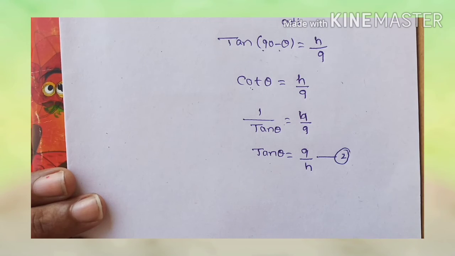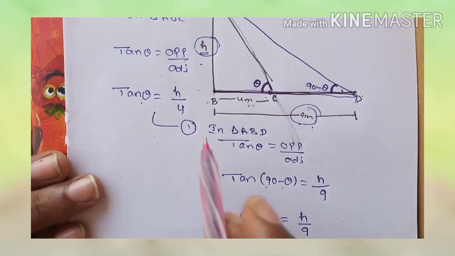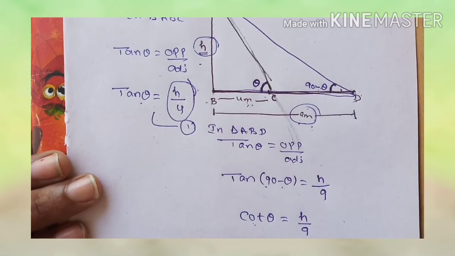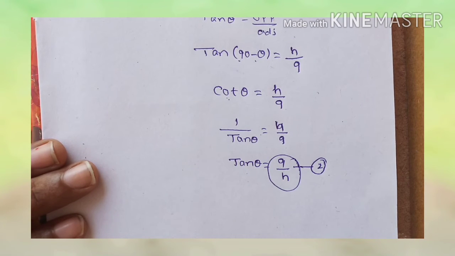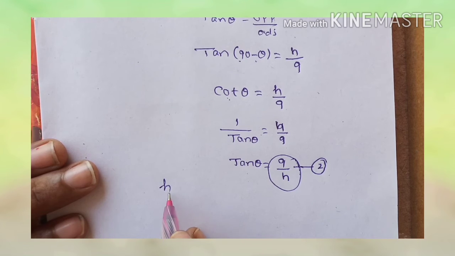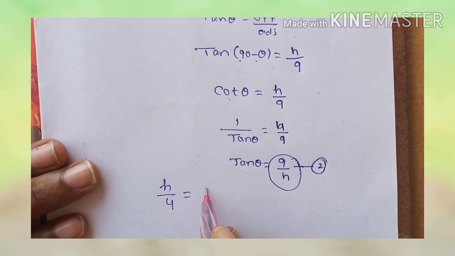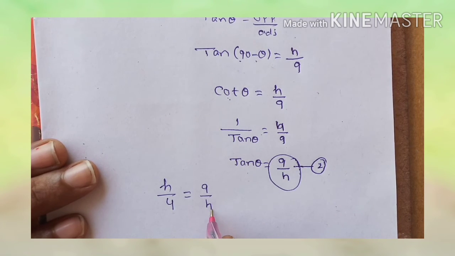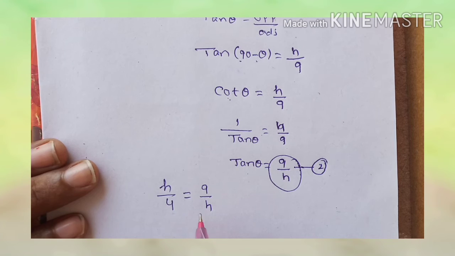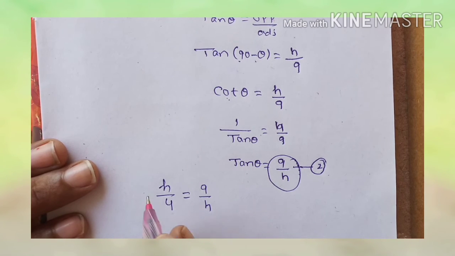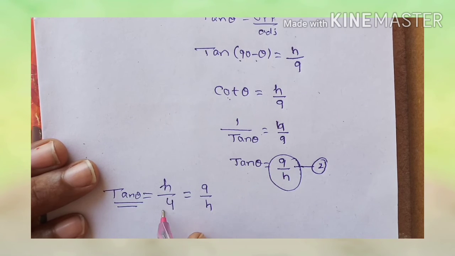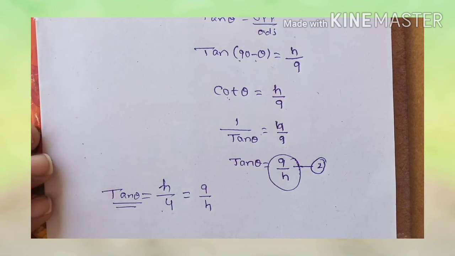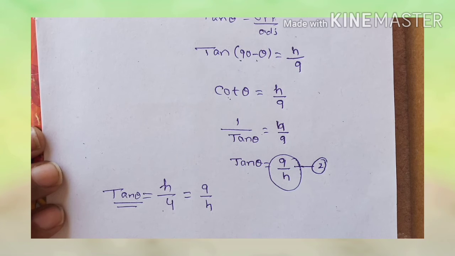Equation 2. Equation 1 is tan theta is equal to h by 4. Equation 2 is tan theta is equal to 9 by h. First one you got h by 4, second one you got 9 by h. Both are equal for tan theta, so h by 4 is equal to 9 by h. Okay?